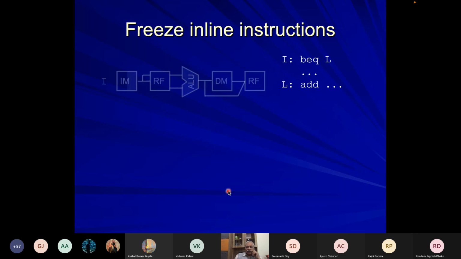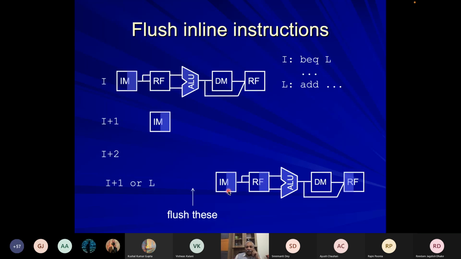Sir, over here, can you show the previous slide? In the last case, where you have written I plus 1 or L, at this stage the DM contains the I minus 1 instruction and RF contains the I minus 2 instruction, right? So actually, the ith instruction has nothing much to do after the third stage.